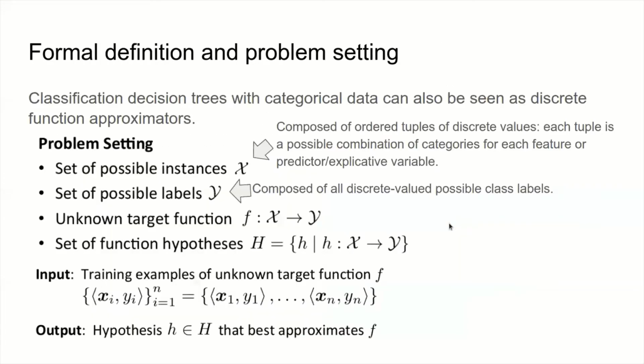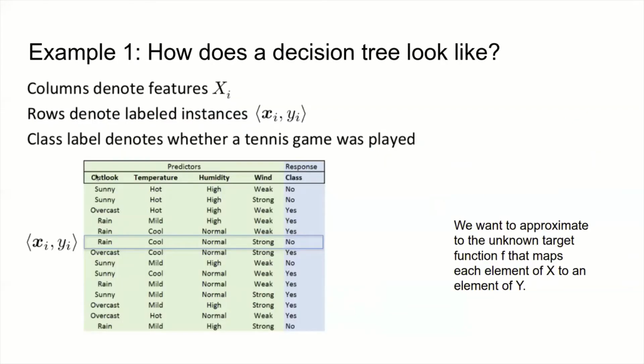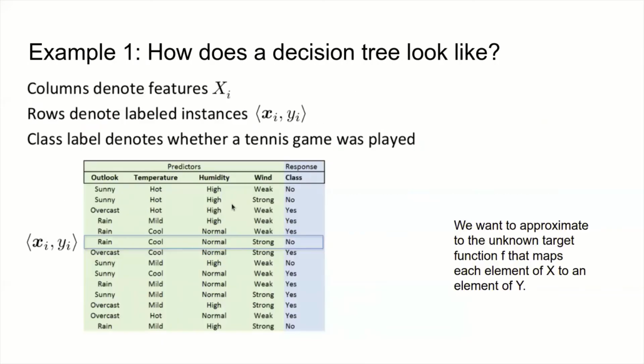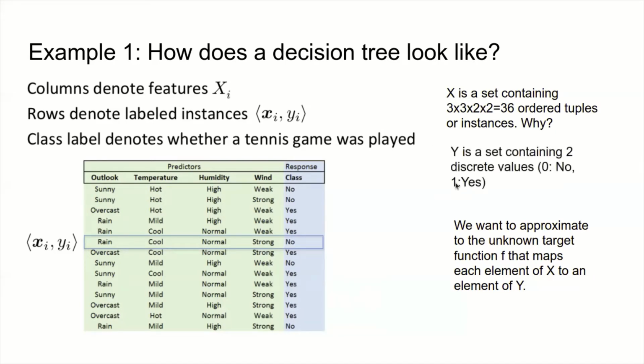X, remember this definition. X is the set of all possible combinations of these variables: outlook, temperature, humidity, and wind. So we know how many elements X has. We know that X could have 36 elements because those are the combinations of all possible data points that we've got. And we want to know Y, which is the set containing just 2 discrete values, 0 for no and 1 for yes.